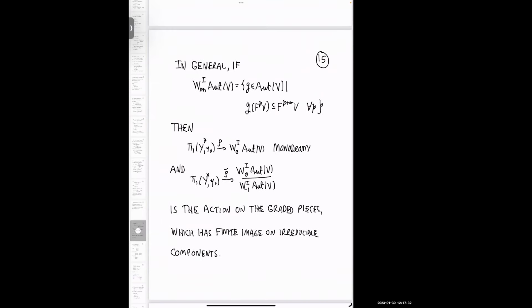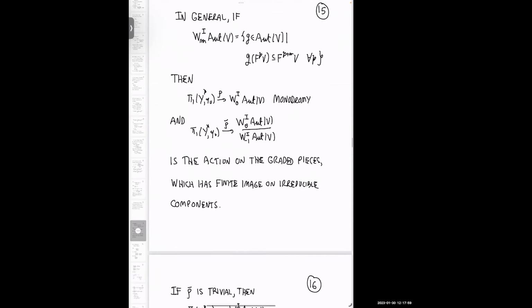You can put a weight filtration on the automorphisms of V by asking that Fp of V goes to Fp plus M of V for all P. And then the monodromy goes to W naught, and the action on the graded pieces goes to W naught mod W minus 1.